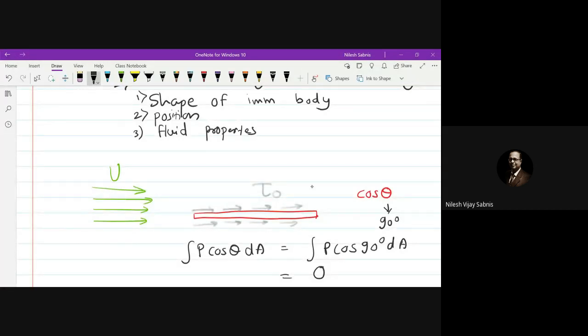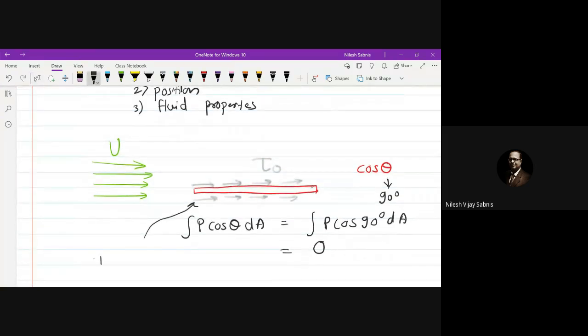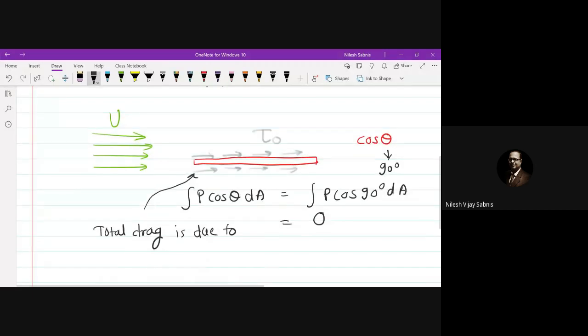So here the total drag is due to friction only. Only friction is responsible in that case.